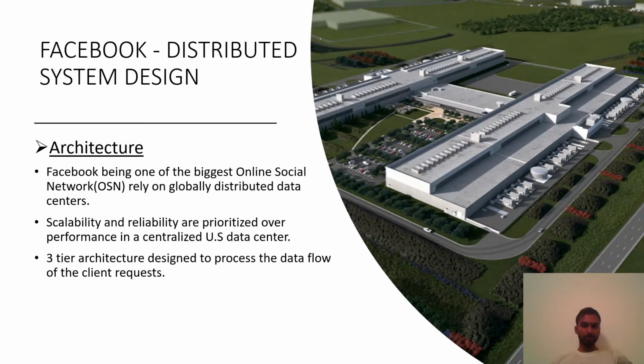This is a Facebook distributed system in California. A distributed system data center is basically divided into three categories. In the first, the web applications and web processes take place.